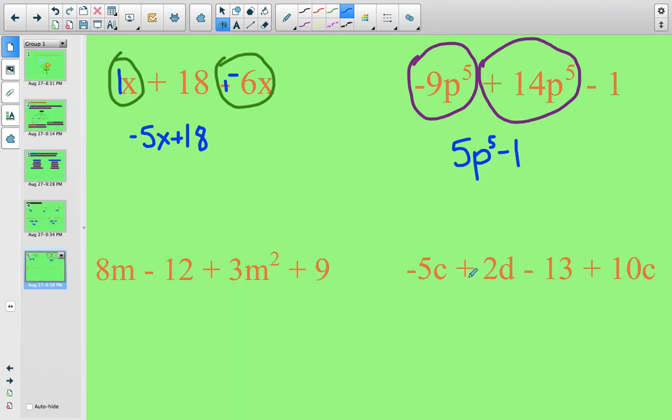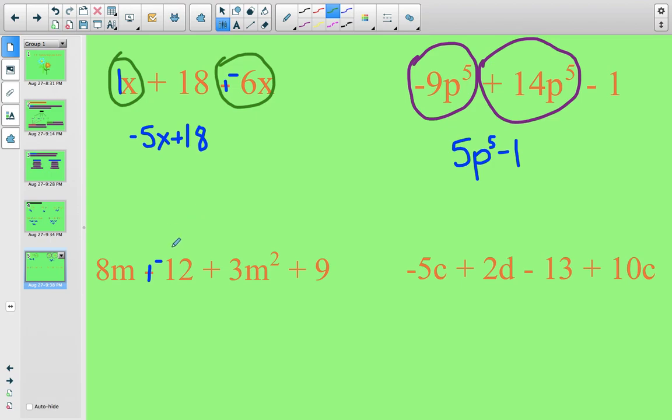Moving on to our final two examples here. So in our left side example here, as I look for like terms, I first may want to make some changes on signs to help me make sure that I'm combining things correctly. So I'm going to change this into plus a negative 12. And I can see that the two things that I have here that are like terms are my constant terms.